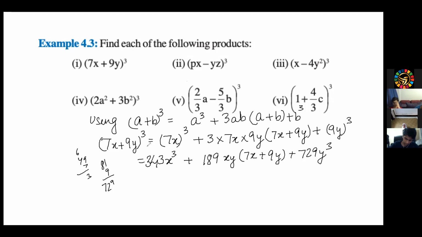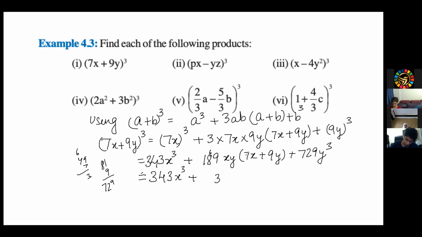And then you can solve one more step. 189 into 7 is how much? Because I have to multiply this and this.